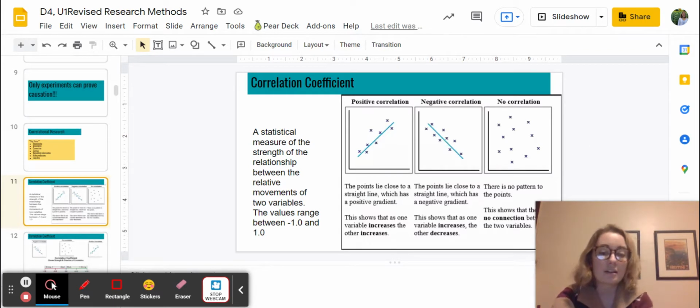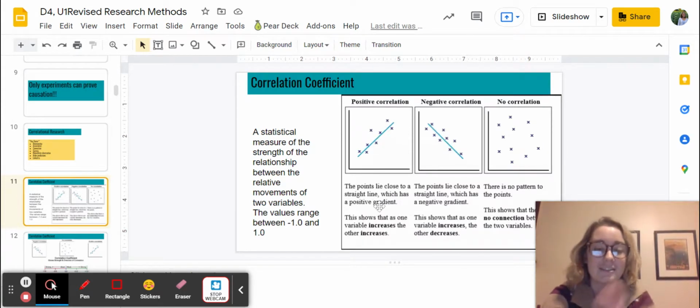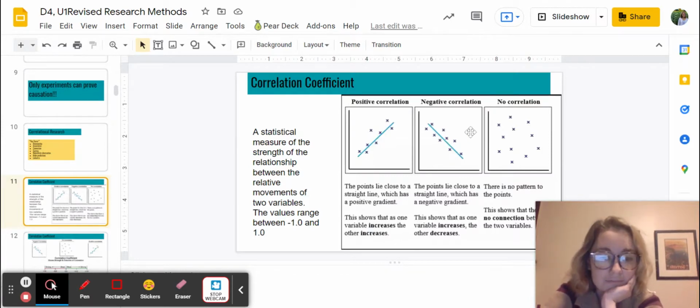So it would say that there's a negative correlation or an inverse relationship between being Italian and liking pasta, and that when one increases, the other decreases. So if you're Italian, the odds of you liking pasta is going down.